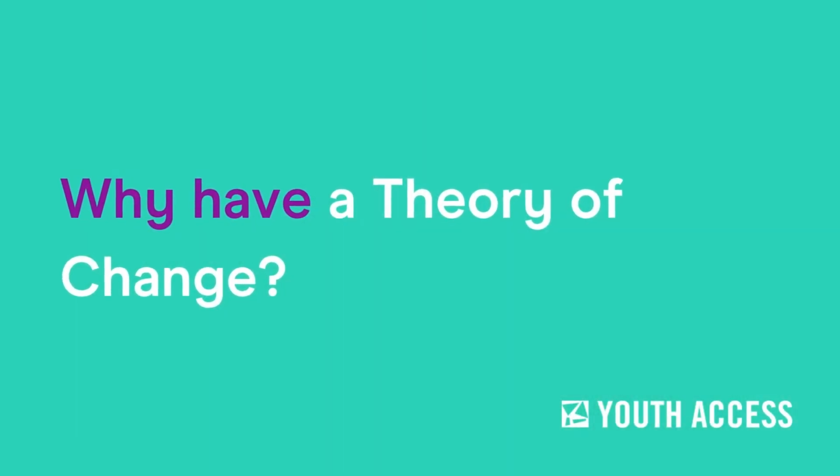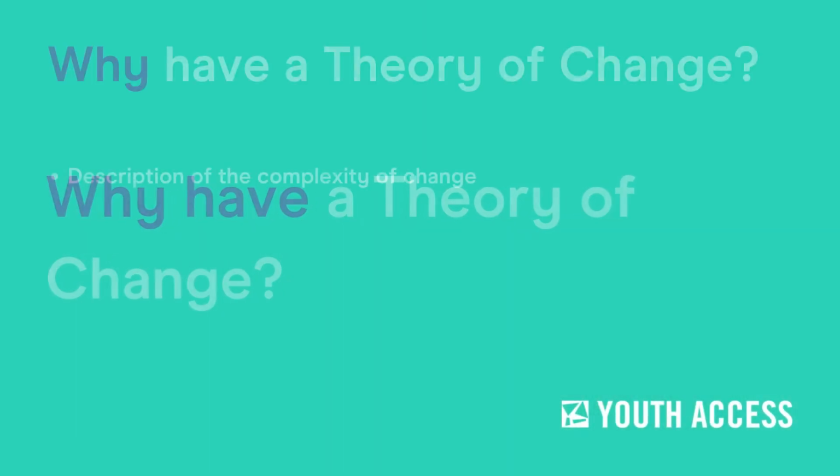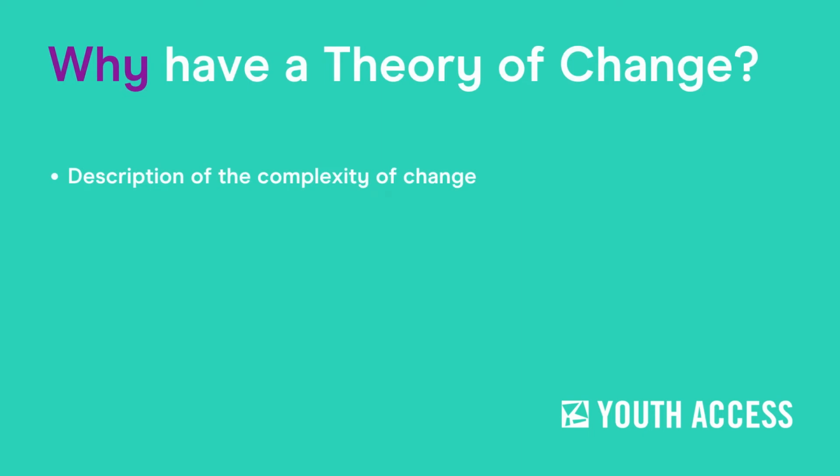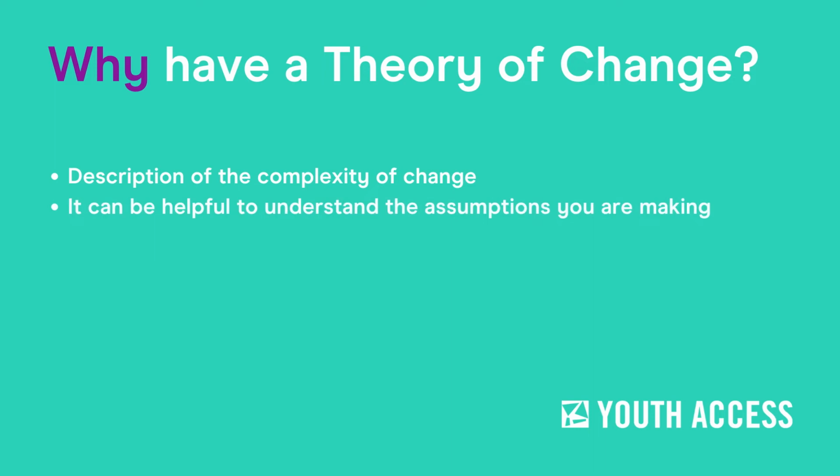So why do you have a theory of change? It supports your organisation to have a description of the complexity of the change. It also helps you to understand the assumptions that you're making, as well as knowing the evidence that you've got to support the problem statements that you might start with.